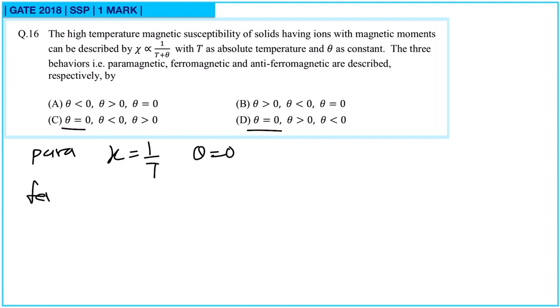Next, for ferromagnetic material, chi is equal to 1 upon T minus Tc. So from here we can see that this theta is going to be positive.